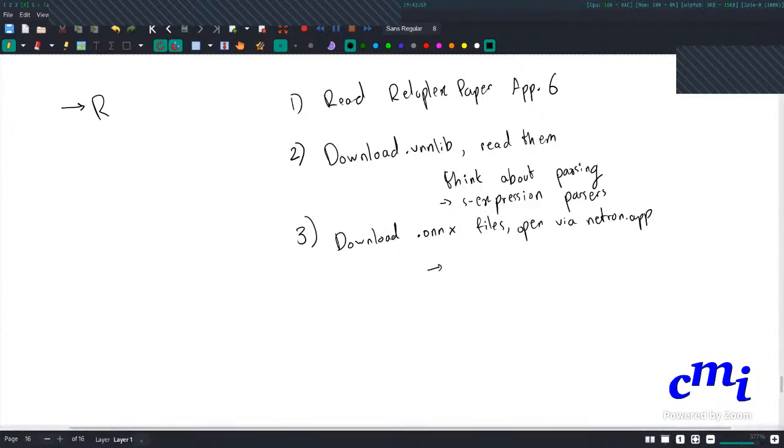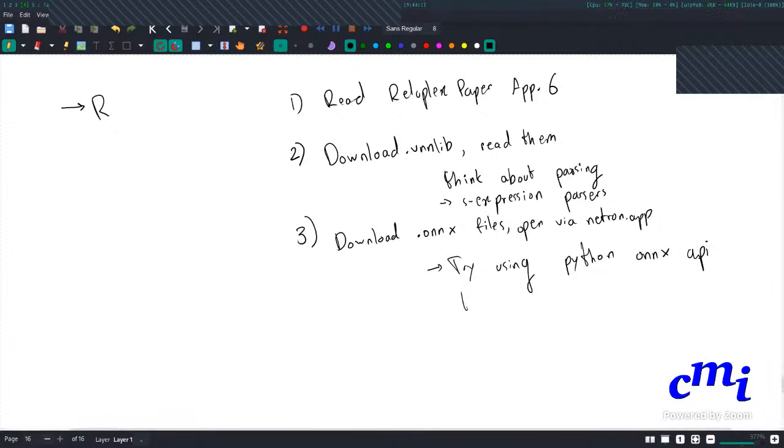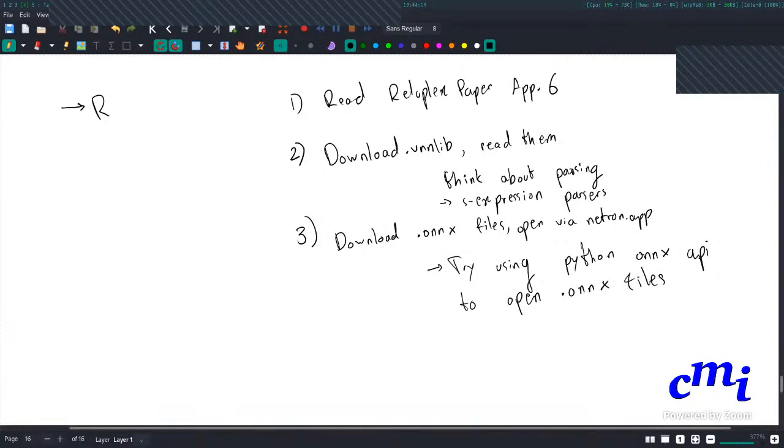And you can also try using the Python ONNX API. You can try using this to open these ONNX files, and then reading them, trying to see if you can get the weights and bias values out of them.